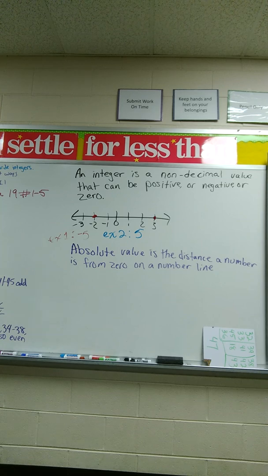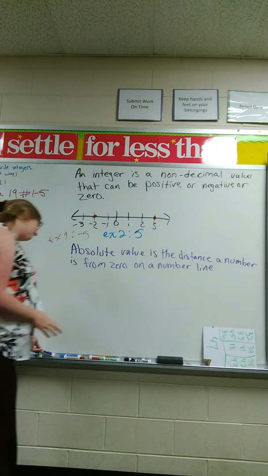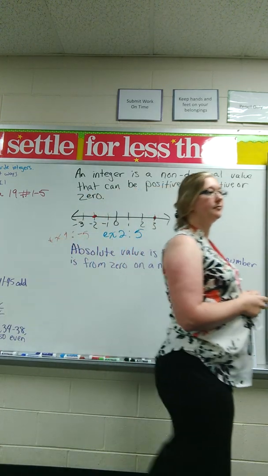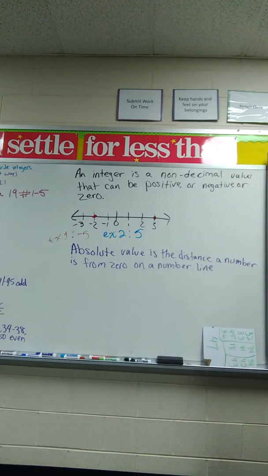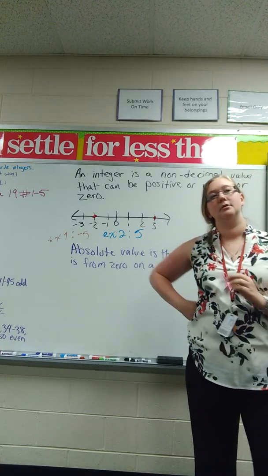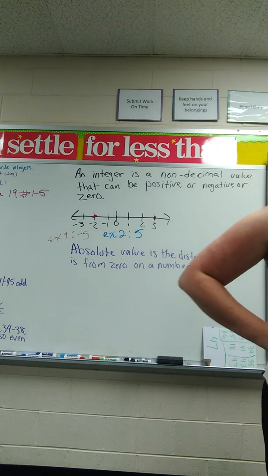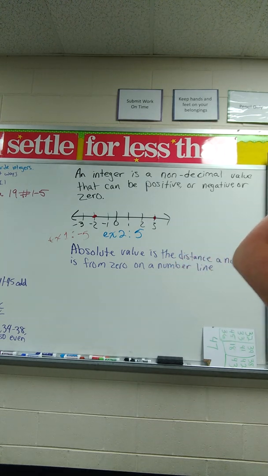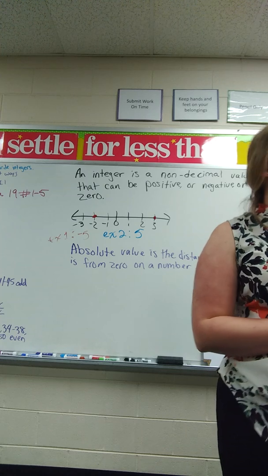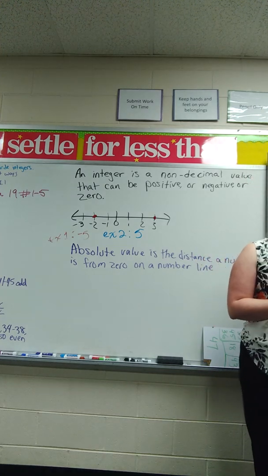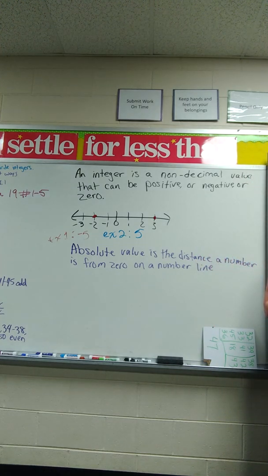Yes, ma'am. You think no, why not? Because when you count the spaces, how can that be negative? Yes, sir. When you mention distance, there's no forward or backwards. Yes, sir. Distance is like how far you go, and if you're going far, you can't go the other way.